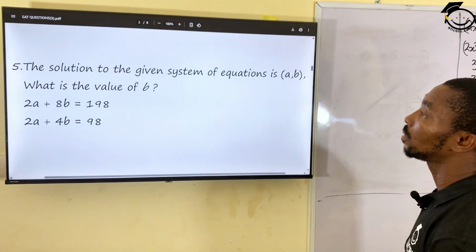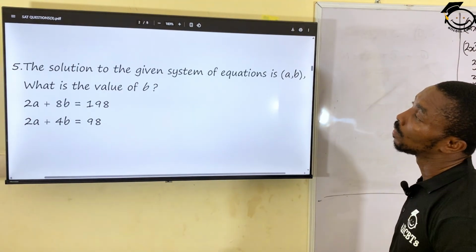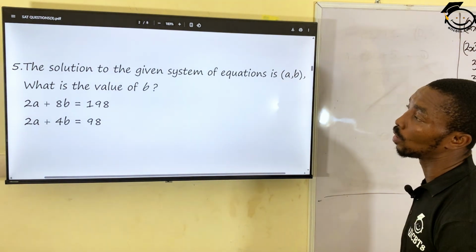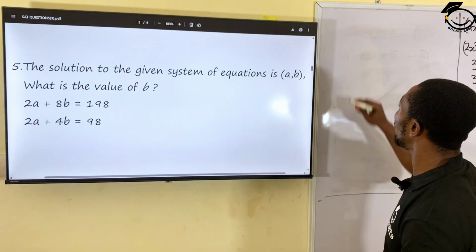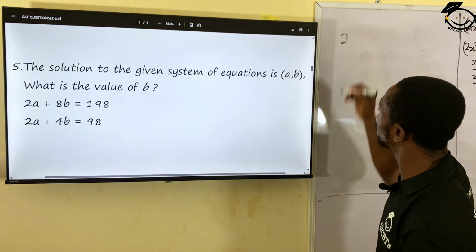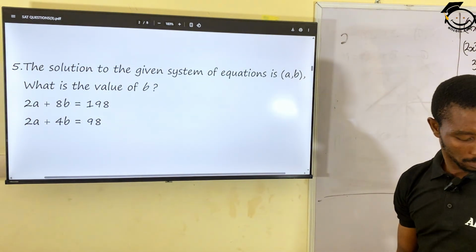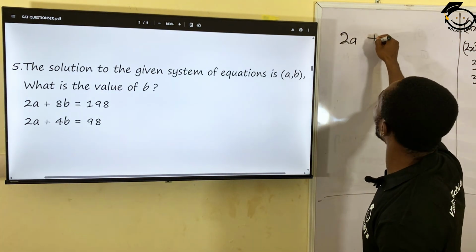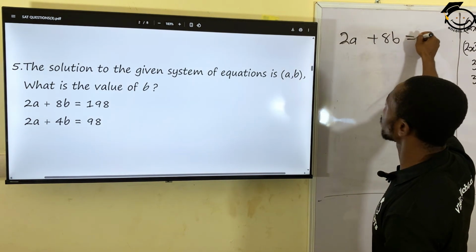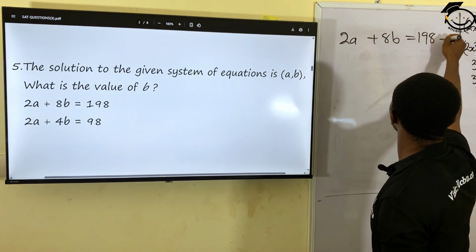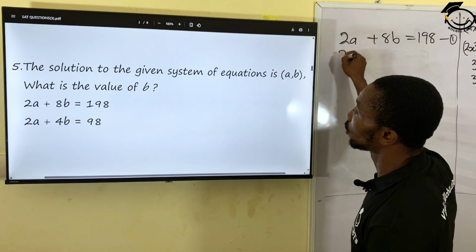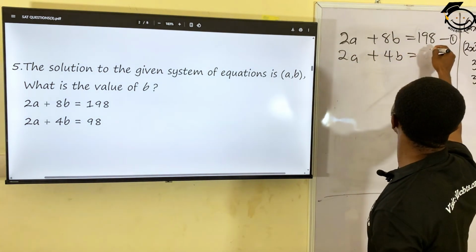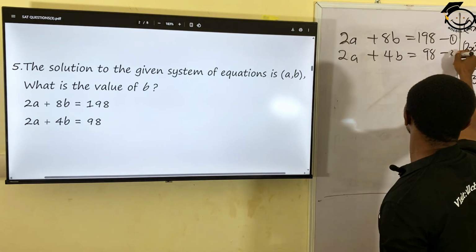The solution to the given system of equations is A and B. What is the value of B? Now our given systems are 2A plus 8B equals 198, equation 1, and 2A plus 4B equals 98, equation 2.